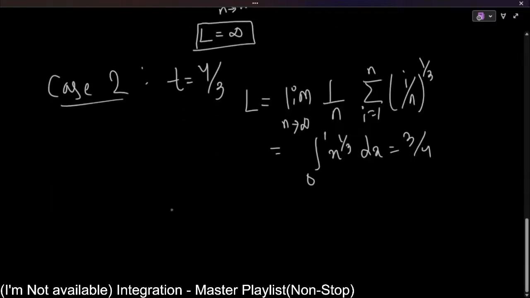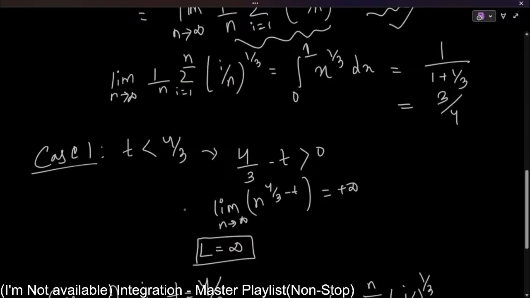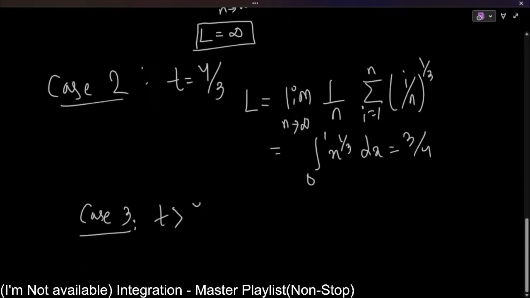And for case 3, t is greater than 4 by 3. In this case, you get a different result. So let's say you have this whole thing here multiplied by n to the power 4 by 3 minus t, right?